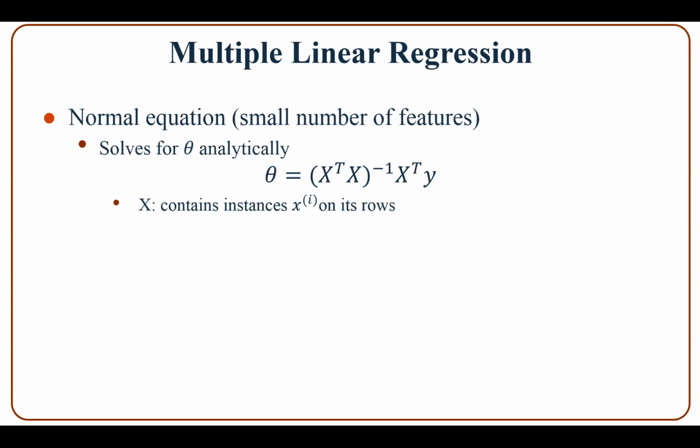If the number of features is small, then we can apply the normal equation. So theta can be solved analytically, and this is theta. And the matrix X contains instances on its rows.